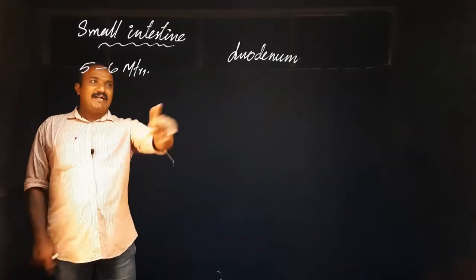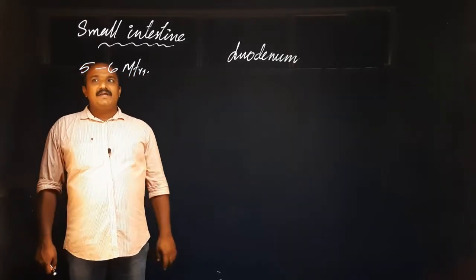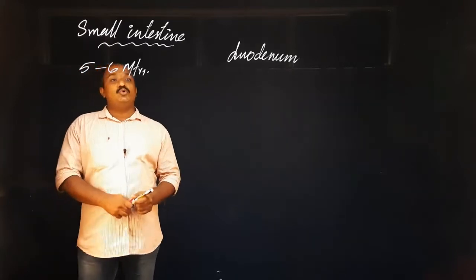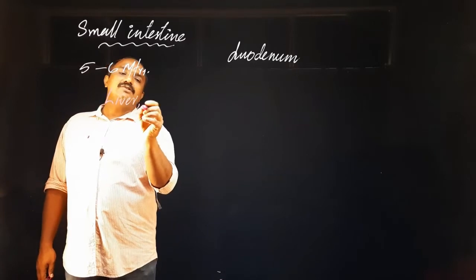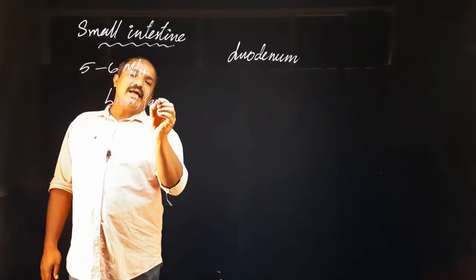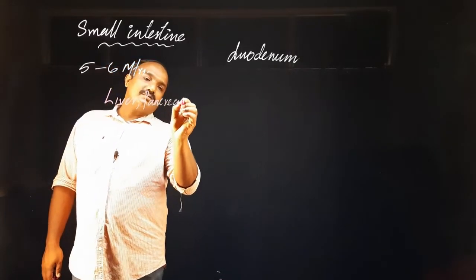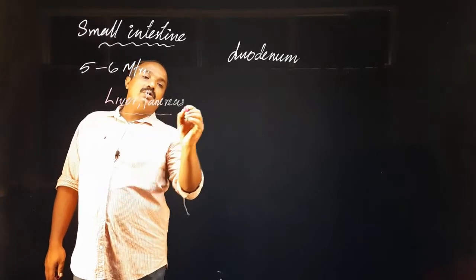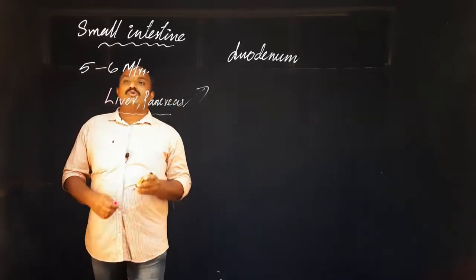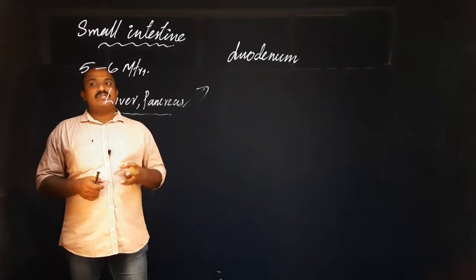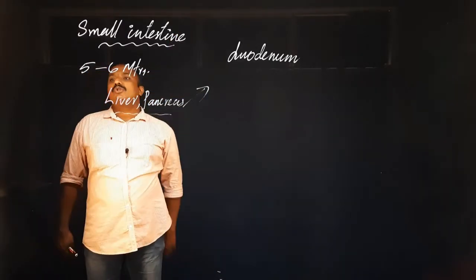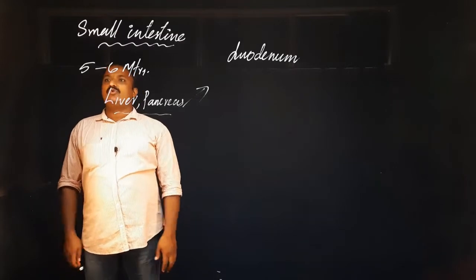The initial part is called the duodenum, and some digestive juice from the liver and also from the pancreas gland reaches the duodenum through a common duct, or a common pipe.